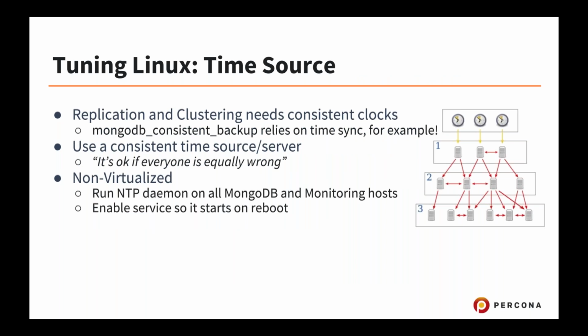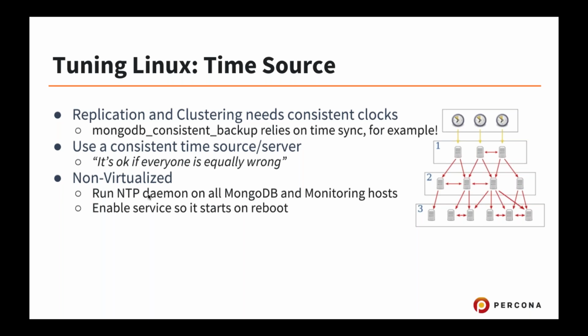The time source is very important with any cluster: if you ask any node what time it is, it should be the same consistent time. So use NTP, but make sure NTP is protected. There have been some security problems, or attacks that people have executed with NTP, but just make sure it's isolated. It doesn't really matter how accurate your NTP server is as long as everyone has the same NTP source.